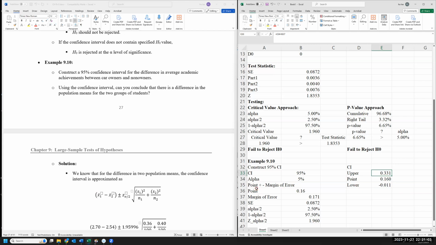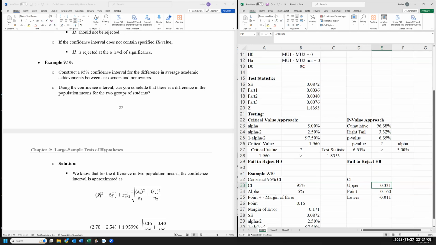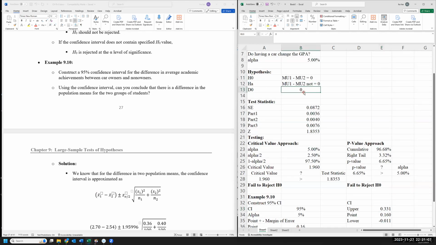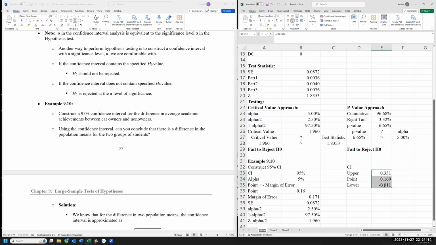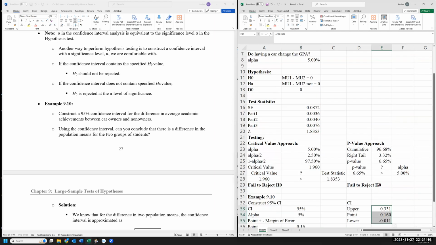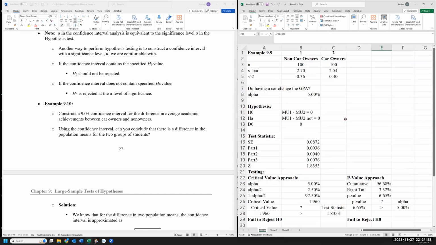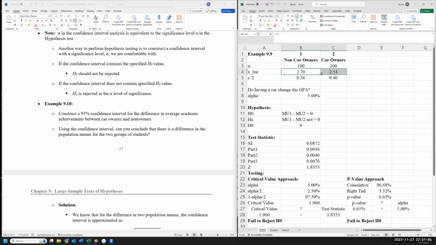The null hypothesized value here was 0. Does our confidence interval include 0? It does include 0. That means with 95% confidence, the null hypothesis difference of 0, meaning there's no difference between these GPAs, can occur at 95% confidence.